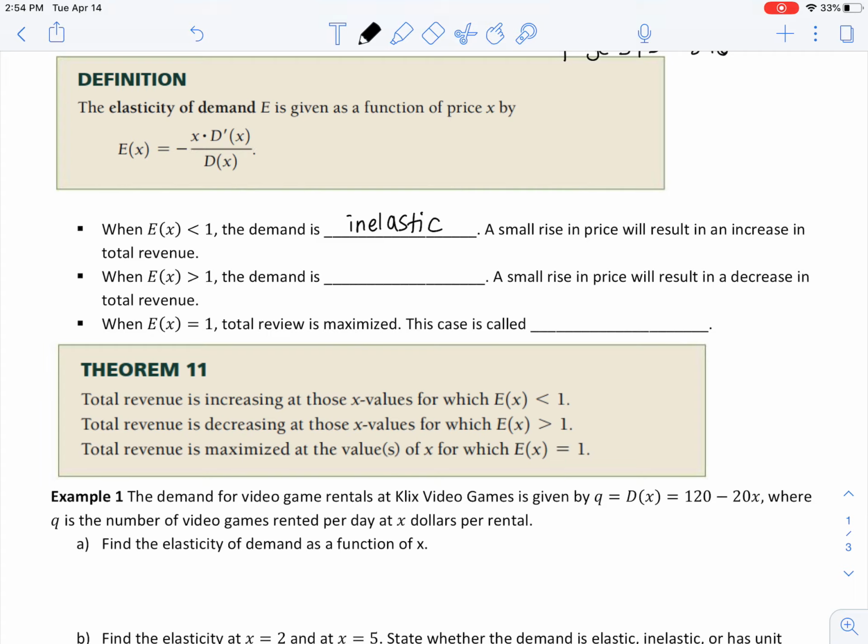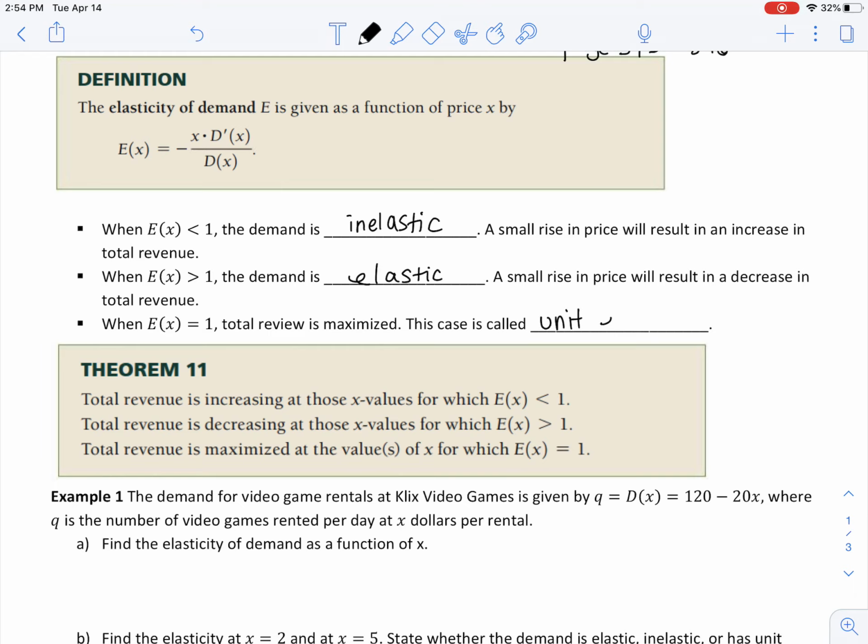And when the elasticity comes out greater than 1, then we say the demand is elastic. And it's the opposite. A small rise in price will result in a decrease in total revenue. And when this elasticity comes out to be exactly equal to 1, then we say that the total revenue is maximized.